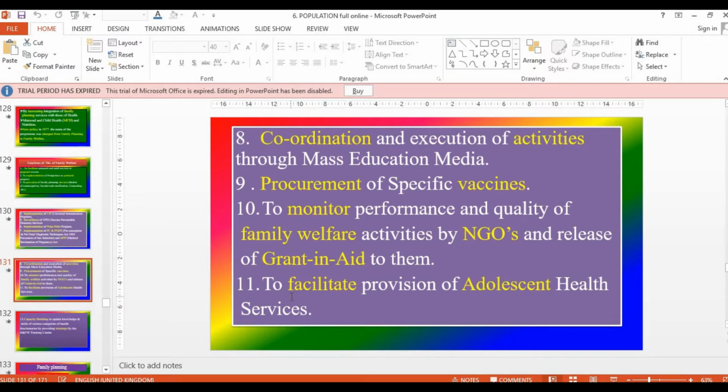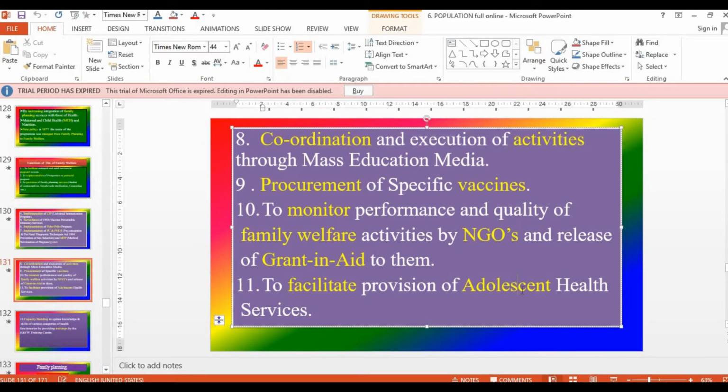11th function, facilitate provision of adolescent health services. For example, administration of folic acid in adolescent schools and colleges, and other materials.